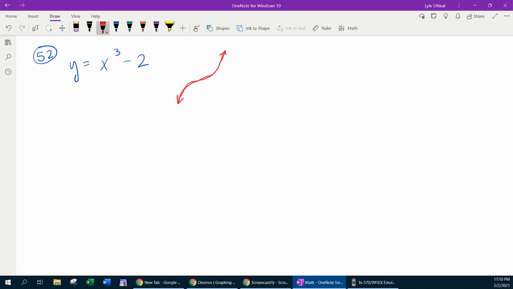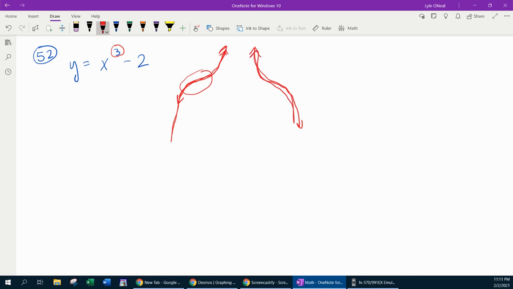I'm not sure what the technical name is for that, but I call it a squiggle because it goes down. It's going to have a little part here where it squiggles, and then it's going to go up. Or it can squiggle coming down and then down. So an x to the third is always going to produce one of these shapes.